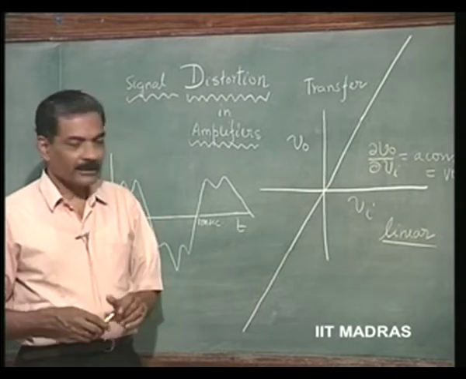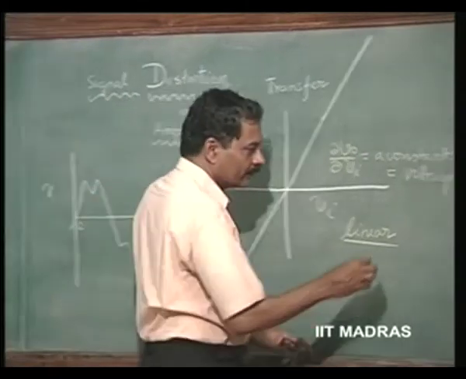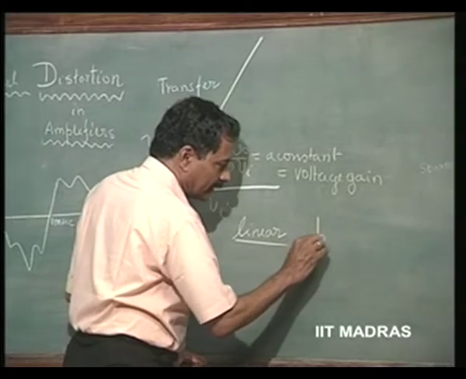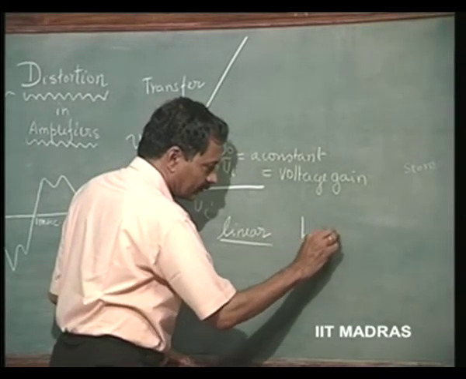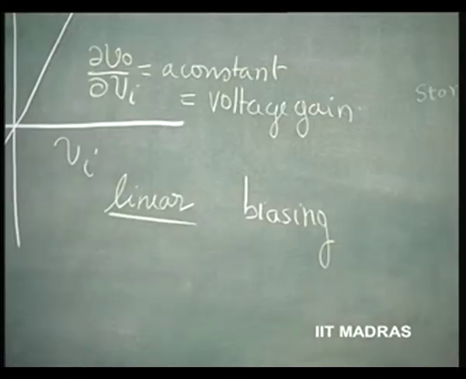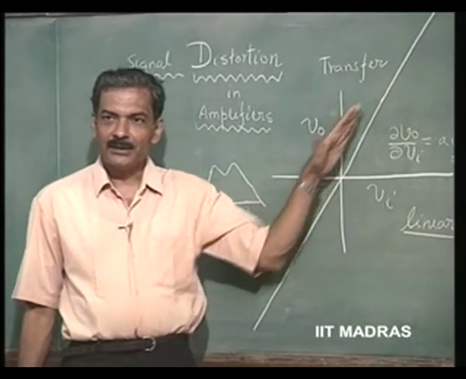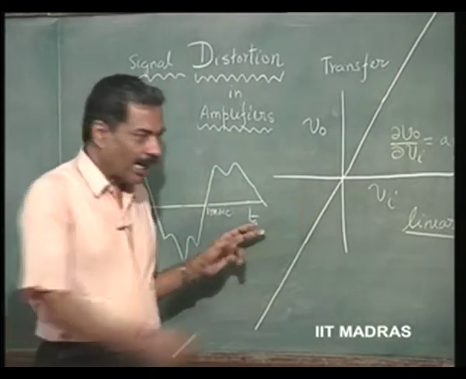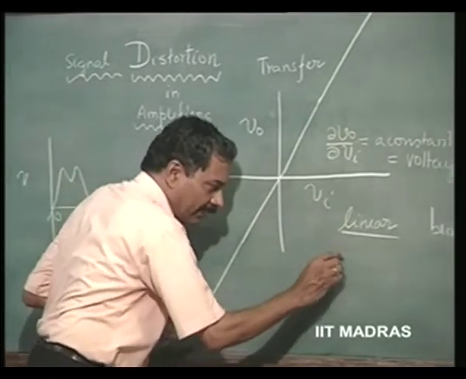This is done, as I told you, by what is called biasing. Proper operation of the device in the proper region, so that the linearity is as much as possible for as wide a dynamic range.